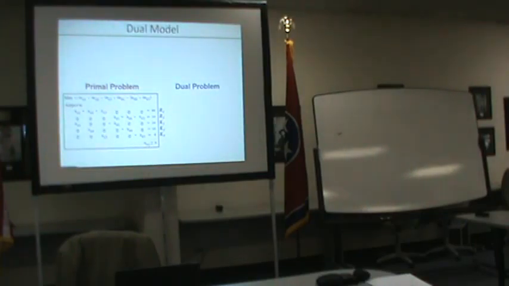We're in the South, we can do it. So K1 for the first column, K2 for the second column, K3 for the third column. That's the notation we are going to use from now on: R for the row, K for the column. That way I can remember very easily.